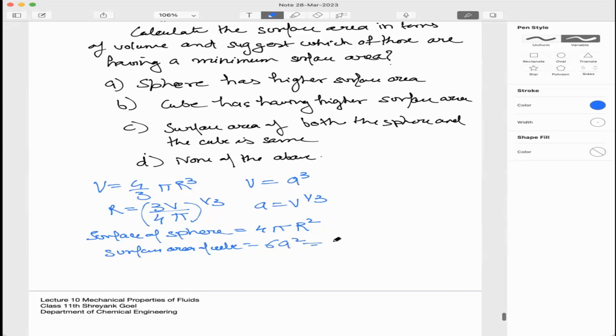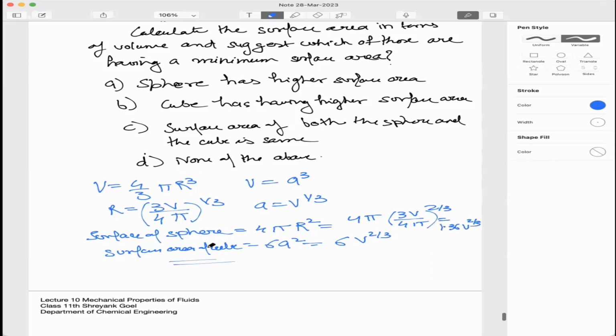So here a we know, so it comes out to 6 V to the power 2 by 3, and we substitute r here. So 4 pi (3V by 4 pi) to the power 2 by 3, and solving this, what we get is 1.36 V to the power 2 by 3.